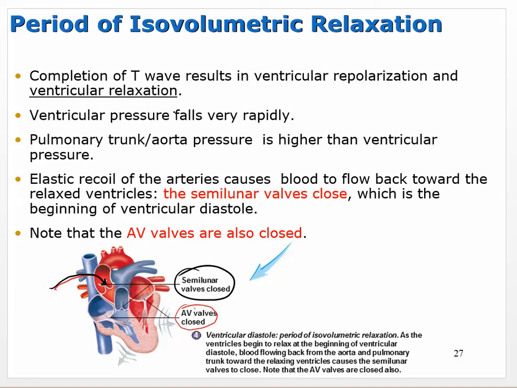All right, so completion of the T wave results in ventricular repolarization and ventricular relaxation. Pressure falls very rapidly. The pulmonary trunk and aorta pressure is higher, and so that's going to close the semilunar valves. That higher pressure is going to push back towards the ventricles, and those semilunar valves are going to close, and the AV valves were already closed.